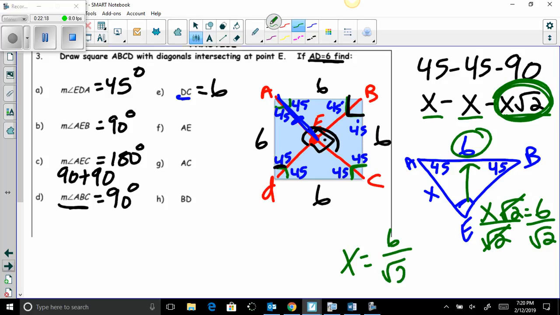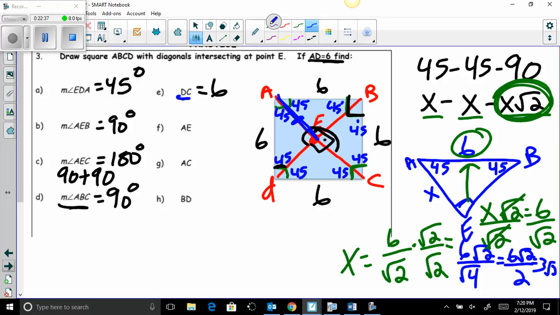I can't have a radical in the denominator, so go ahead and rationalize. Multiply the top by radical 2 and the bottom by radical 2. So what does that leave me with? 6 radical 2 divided by radical 4, or 6 radical 2 divided by 2, which doesn't that equal 3 radical 2? So I know that AE, this part of the diagonal, is 3 radical 2.